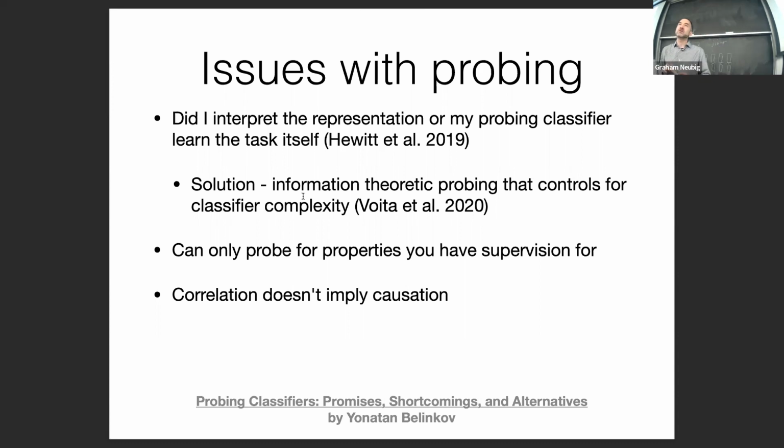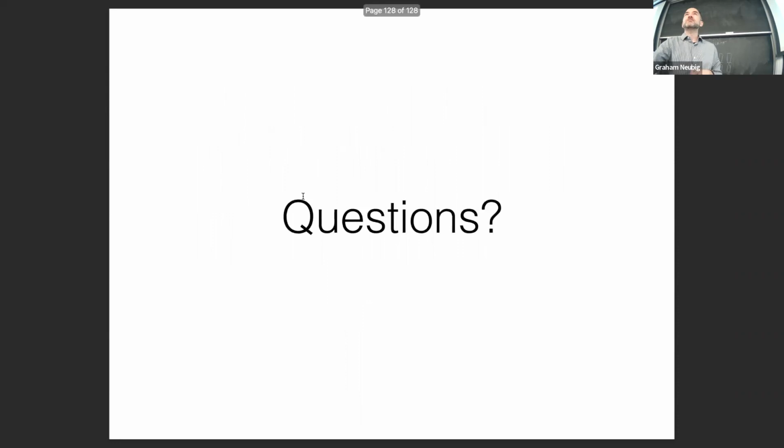The fact that you're doing well at the probe doesn't necessarily indicate that the information is captured in the embeddings. It might be some other type of information that more directly implies the thing that you're probing for.